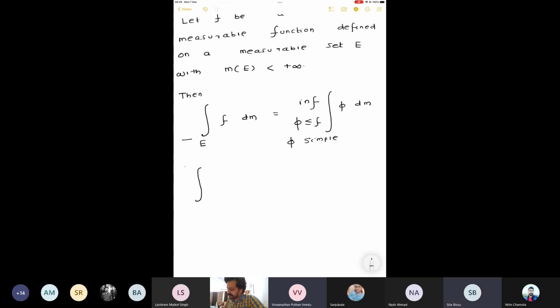Or supremum. Because you are underestimating, it should get better and better, so you should take the supremum. You are right. Thank you. And similarly, you can define the upper Lebesgue integral. Instead of the given function, you integrate a simple function that is greater than or equal to f. So you are overestimating it, and you make it better and better.